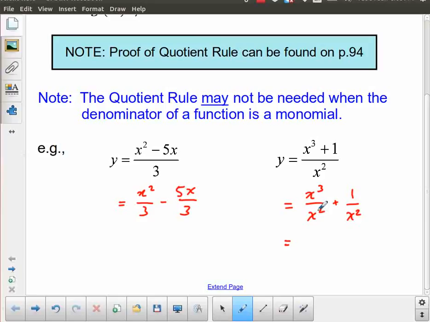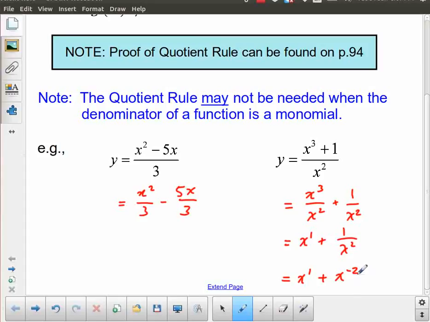And x cubed over x squared, well, that's just equal to x to the power 1, plus 1 over x squared. Now this is also interesting, and a bit of an aside. This is x to the power 1, whereas this one, you might write as x to the power negative 2. And if you write it this way, you're no longer worrying about a quotient. You could actually just deal with this using our power rule.